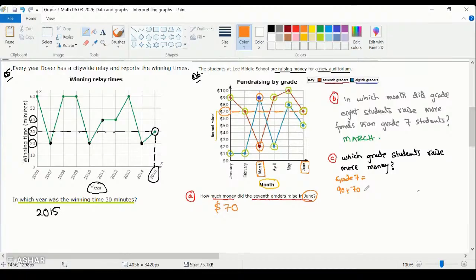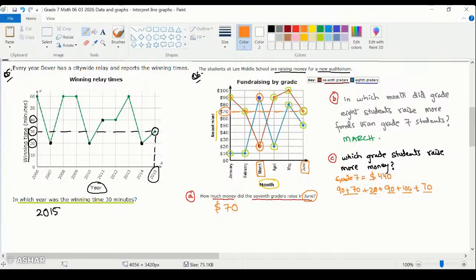Then this is 20, then we have 90, 100, and 70. So what should be the total? 160, 180, 270, 370, and $440, right?